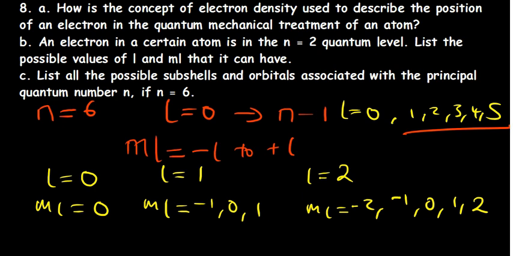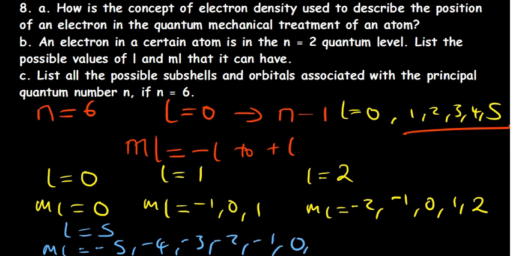For example, where L equals 5, it will be from negative 5, negative 4, all the way up to 5. These are the possible orbitals you can have. How many orbitals are these?